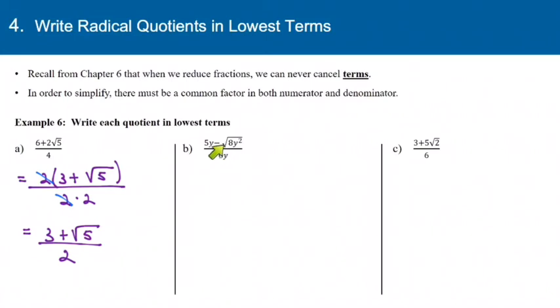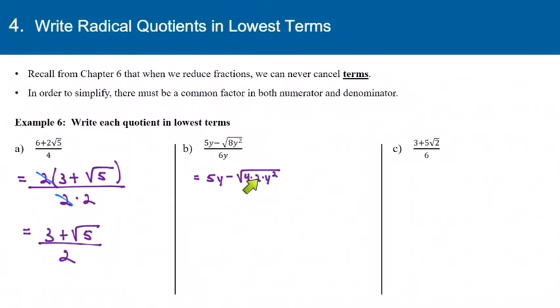Okay, let's look at part B. So in B we have 5y minus square root of 8y squared all over 6y. Now I'm sure the first thing you notice is that this radical needs to be reduced. So we're going to think of 8 as 4 times 2. And of course, y squared has an even exponent, so there's no need to break that down.